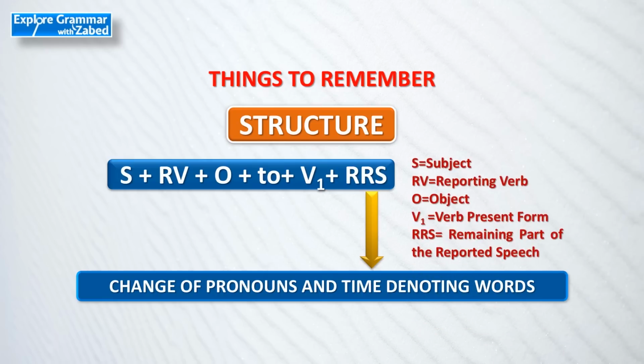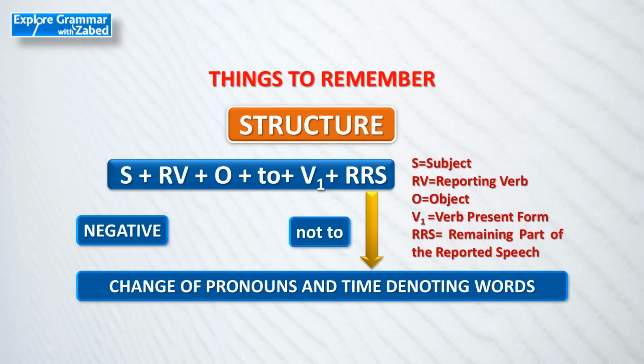Also remember, we can use not to when the reported speech is in negative form, or forbade also in case of reporting verb. Remember the structure and you won't find difficulty in converting from a direct speech to indirect speech.